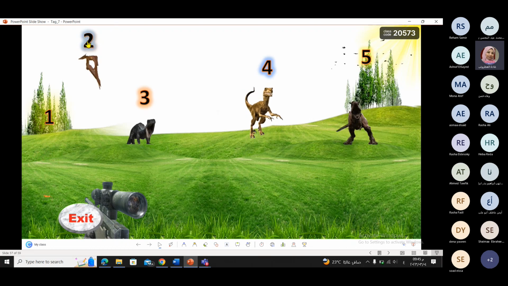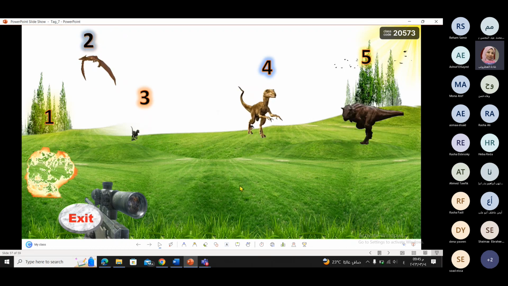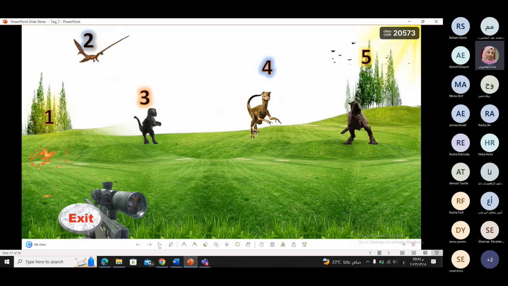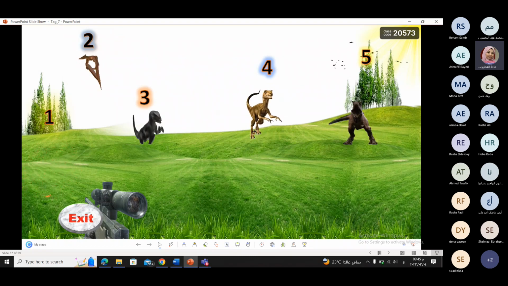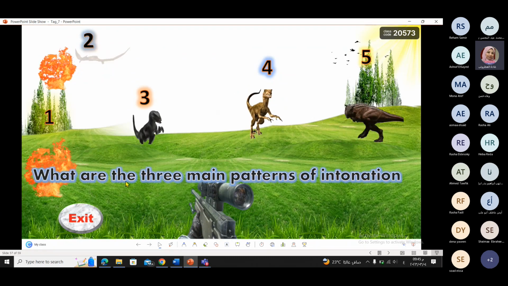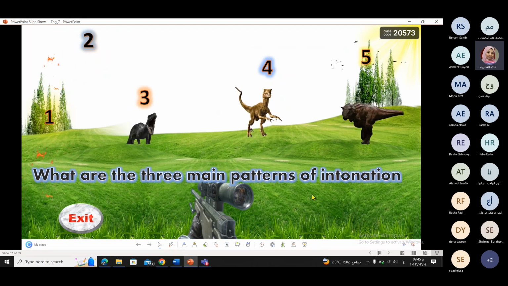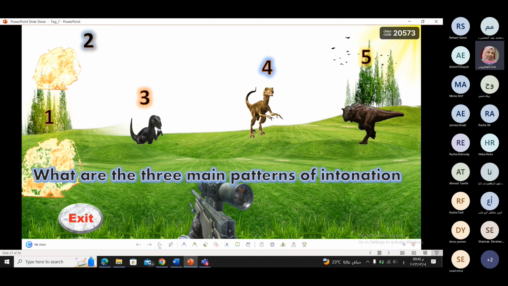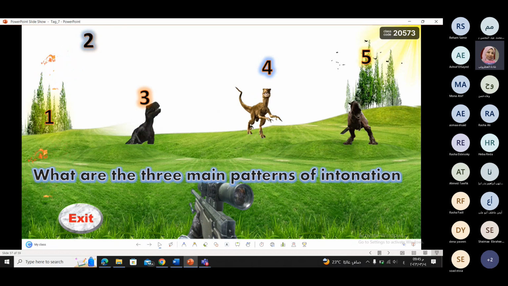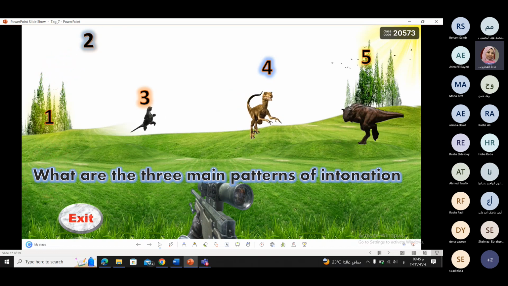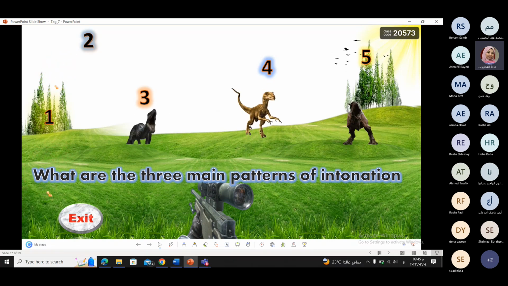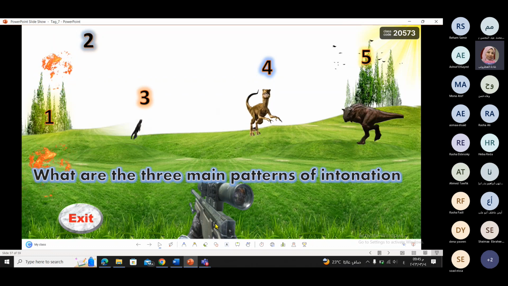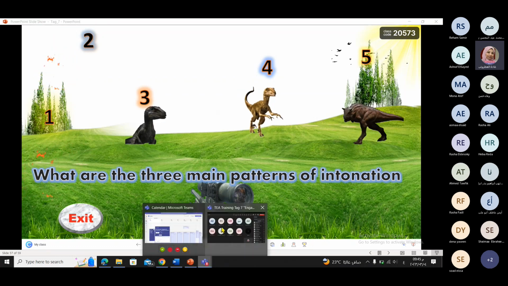What about number two? Okay. Number two, what are the three main patterns of intonation? Can you name them? Let me choose.